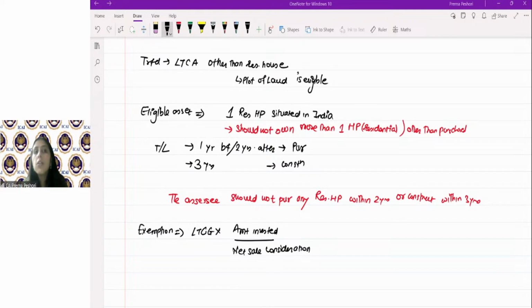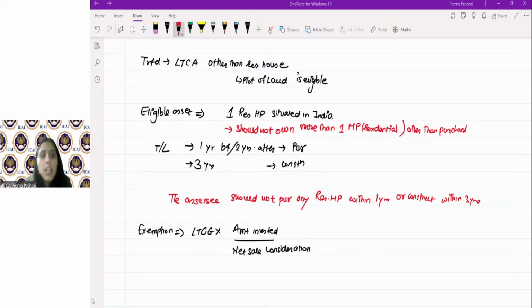In that particular case, it should be 1 year and not 3 years, so make it 1 year.